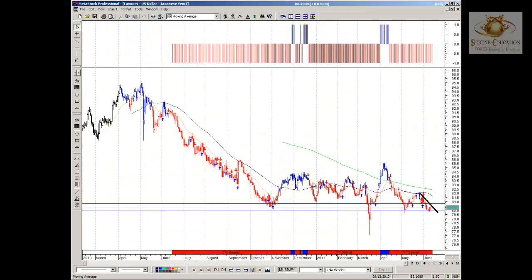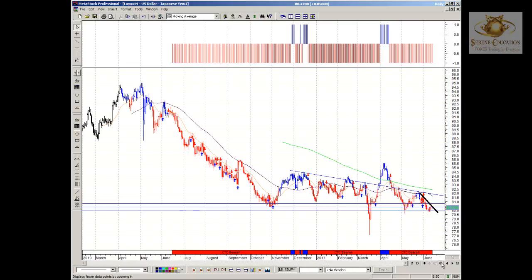You can see on a major time frame this pair is negative, but negative in a consolidating range. So we're going sideways and price is being pushed lower. Bar this one over here, this was the intervention candle. We saw the Japanese government and the G7 countries all start selling the Japanese yen and purchasing US dollars to try and get a bit more oomph in the market, but it didn't materialize, and we saw price revert back down to its key levels and its daily trend to the downside.